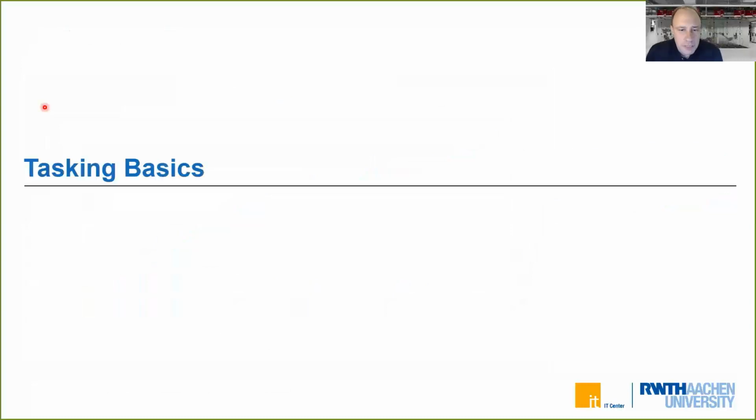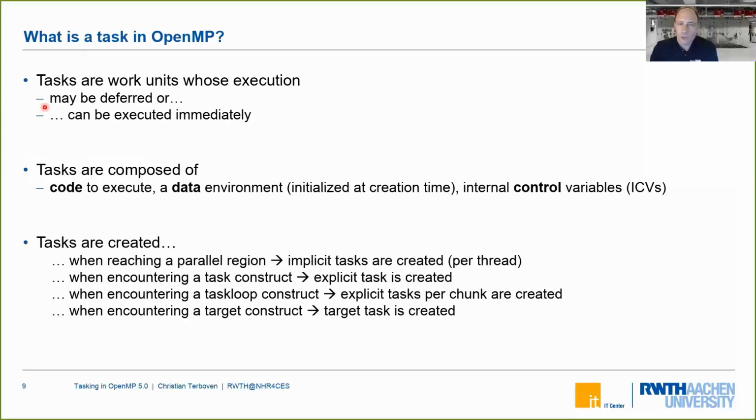Let's start with the basics. I assume you have some basic knowledge of OpenMP, and I just want to illustrate the concepts of tasking in this sub-chapter. So what is a task? I tried to briefly explain that in the motivation, but now I would go back to OpenMP terms. A task is a work unit. That means it's some code. This is the code you put into the curly braces, looking at the task construct in C and C++.